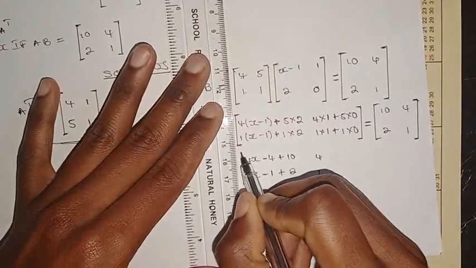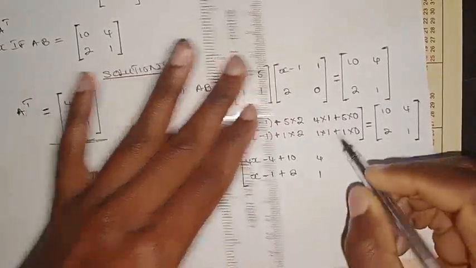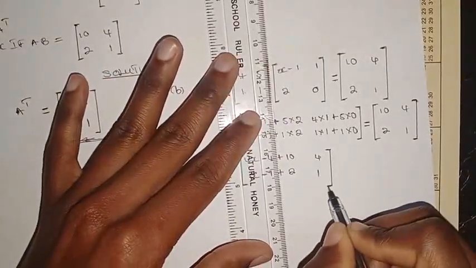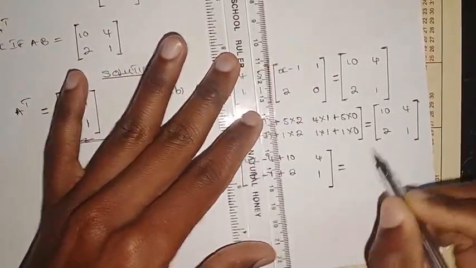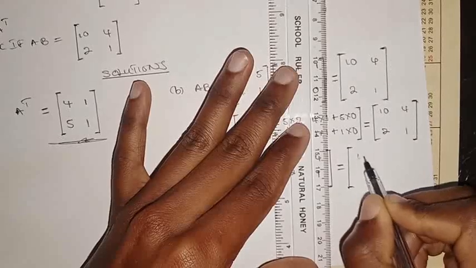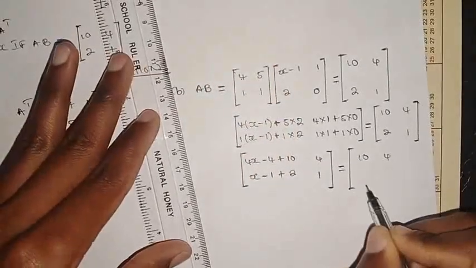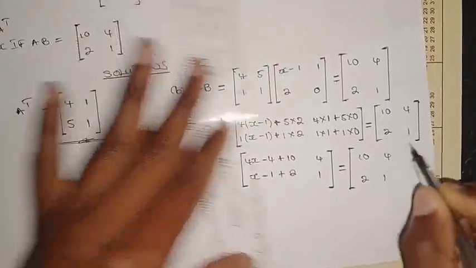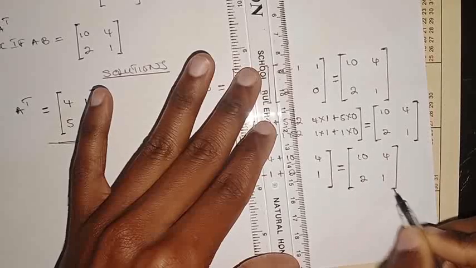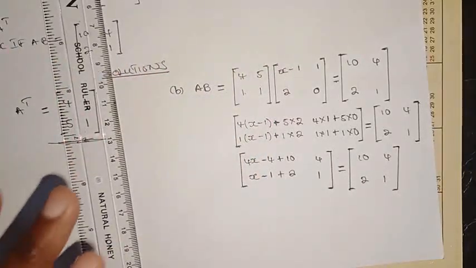We just leave it like that. We add these angled brackets. Then we equate this matrix to the product matrix, which is 10, 4, 2, 1. As you can see, we are done with the matrix.